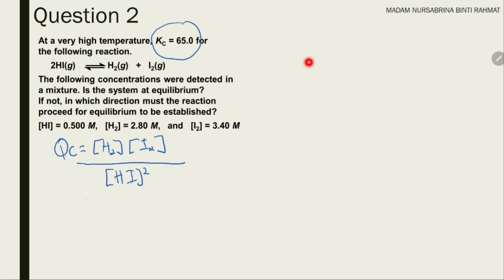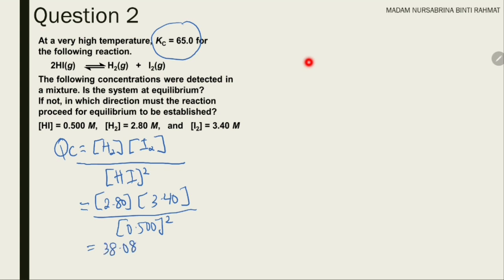Just substitute with the given concentrations, 2.80, 3.40, and your HI to be 0.500 squared. If you press your calculator, you will get your Qc to be 38.08. So your Kc is 65.0, whereas your Qc is 38.08.